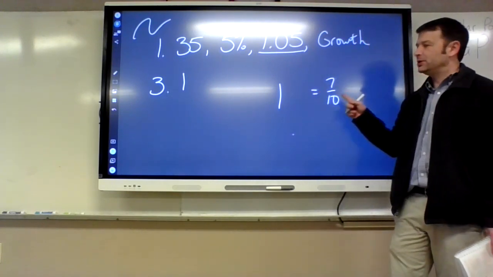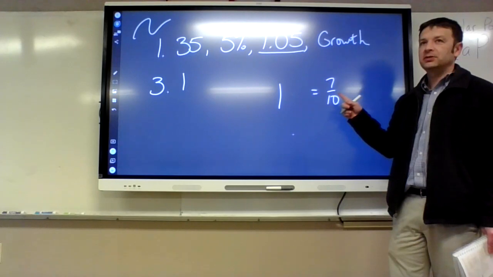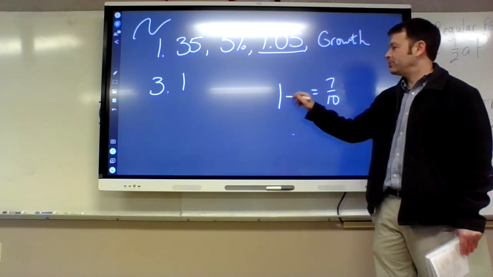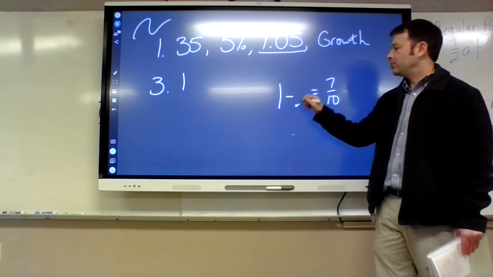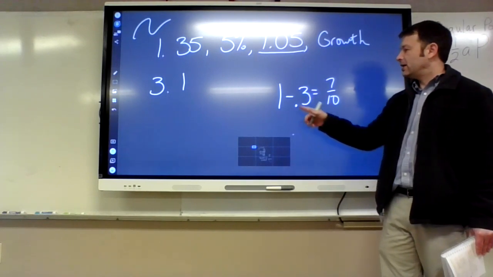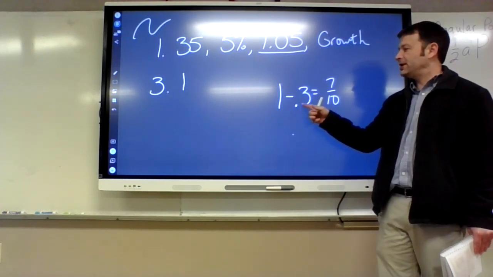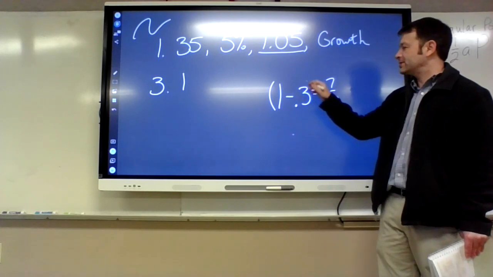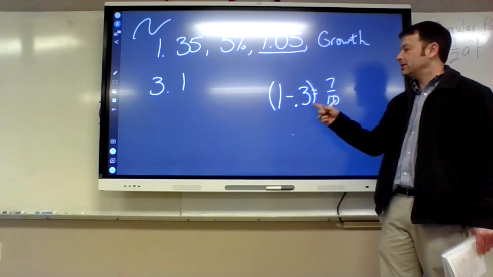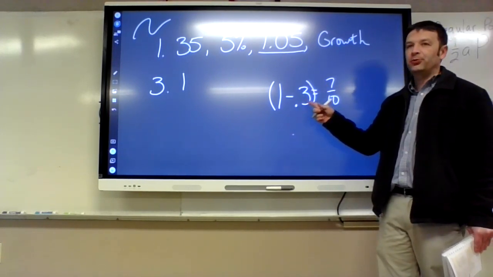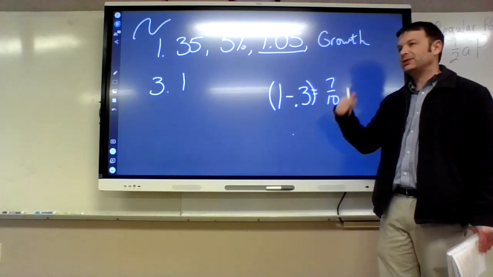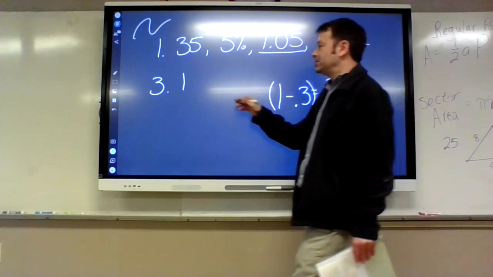How do you get a 1 to turn into a 7/10? Subtract 30% or 0.3. Yeah. So what they didn't tell us is this is what must have been happening. So what is the growth rate? Negative 30%, because it's going down instead of up.